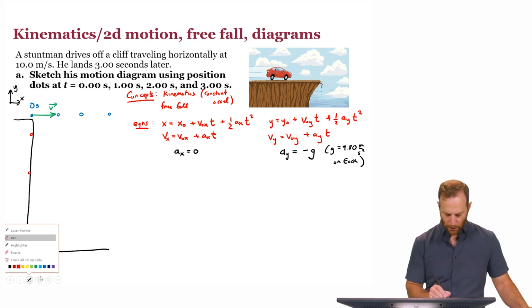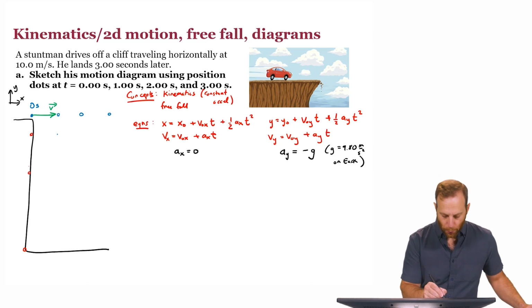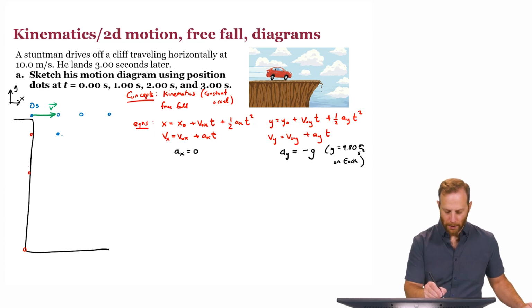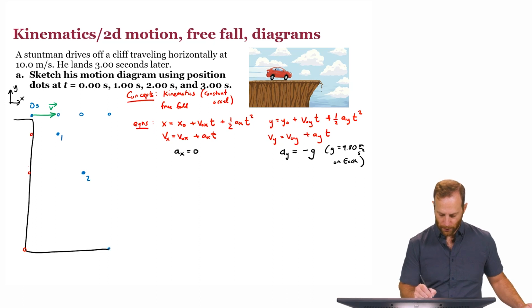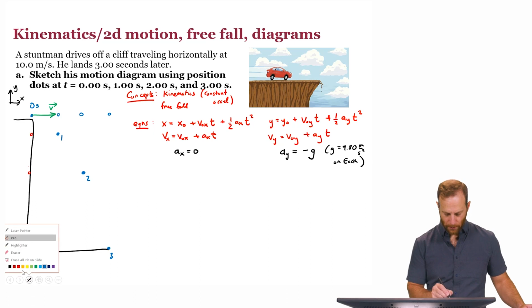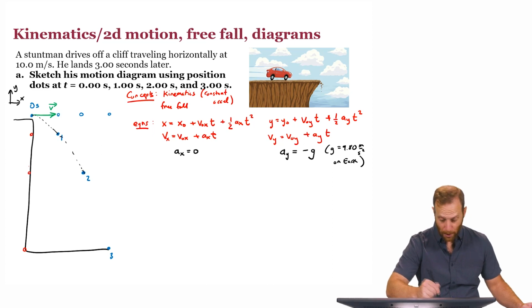In any case, we can start to get a sense of what the position dots should look like. Because this is free fall with some initial horizontal velocity, after 1 second it's here, after 2 seconds it's here, and after 3 seconds it's here. The rough shape of this path should look something like this. It should actually be a parabola.